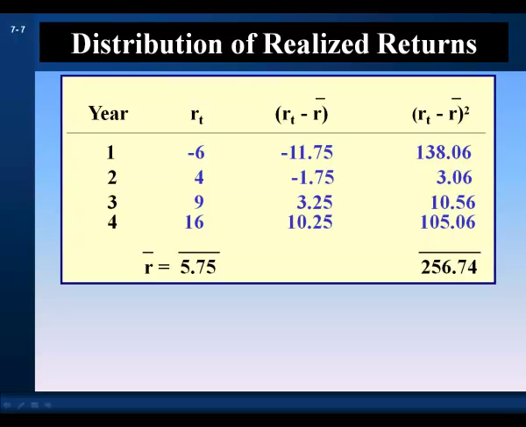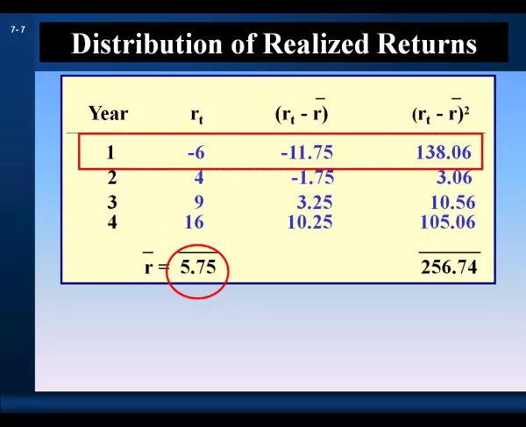Let's look at an example. We have a distribution of returns over 4 years. We sum the returns and divide by 4 to get the mean return. In each year, we subtract the mean from the return in that year.